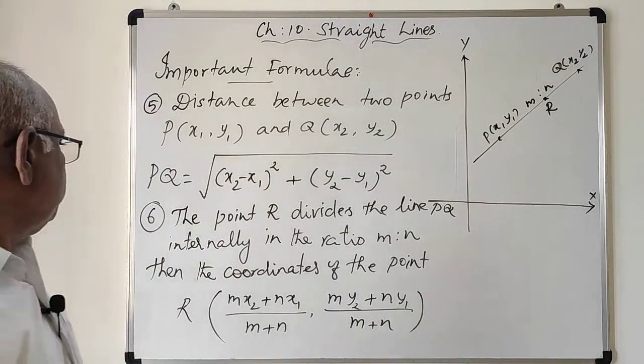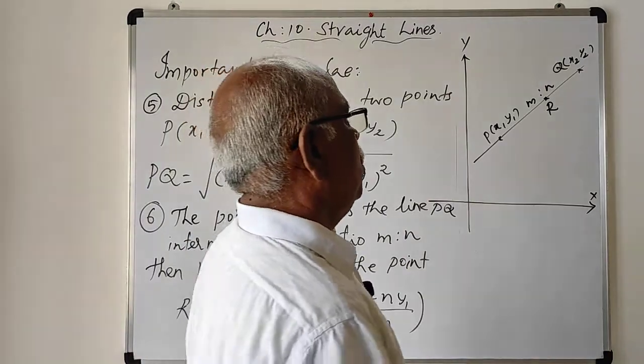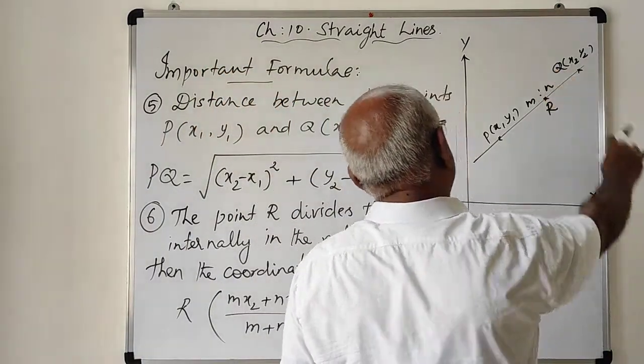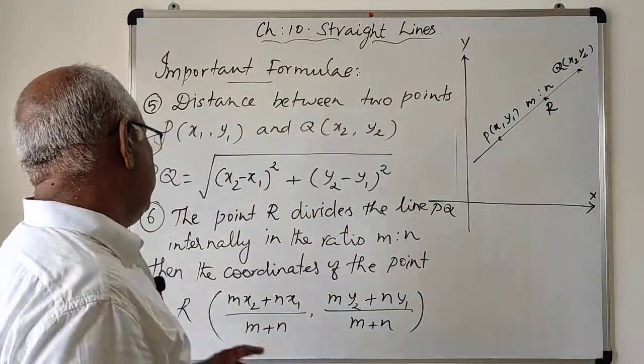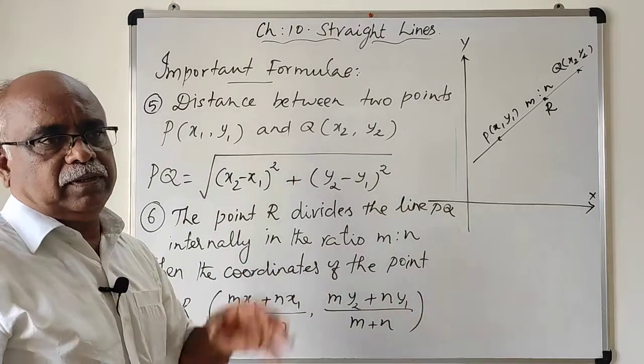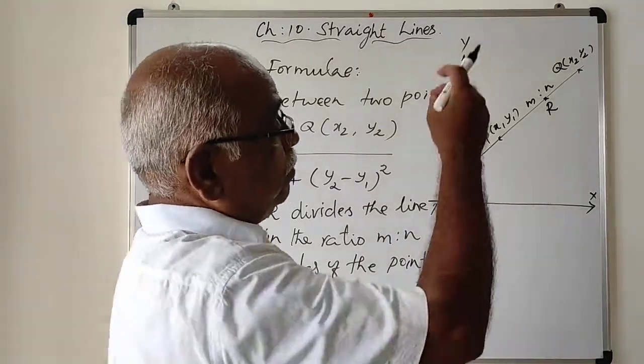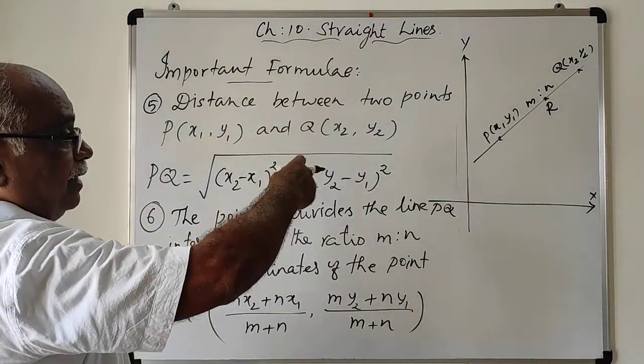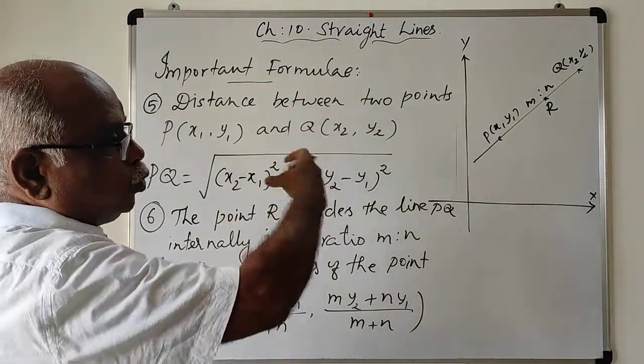If the point R divides the line PQ internally in the ratio m is to n, then the coordinates of point R is (mx2 plus nx1) by (m plus n) and (my2 plus ny1) by (m plus n). Suppose the point R divides PQ exactly into two parts.